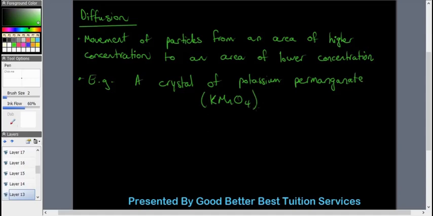When a crystal of KMnO4 is put into a container of water, the particles of the crystal spread in the water until they are uniformly distributed. We can see this because the particles of the crystal are purple in the solution. This would have been an experiment conducted in the laboratory at school to further consolidate this section, so you can see.